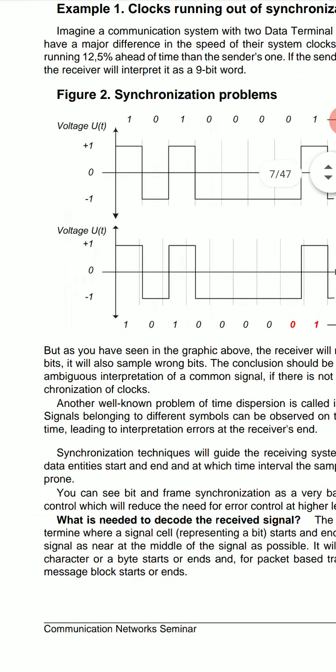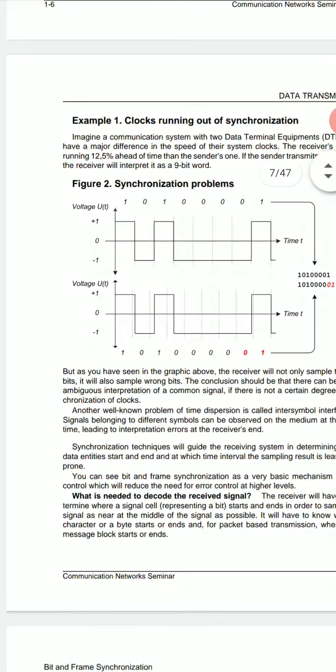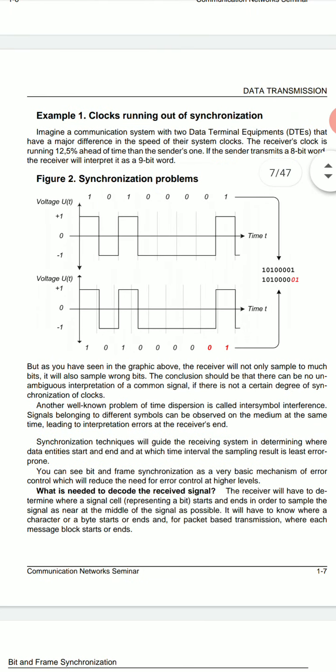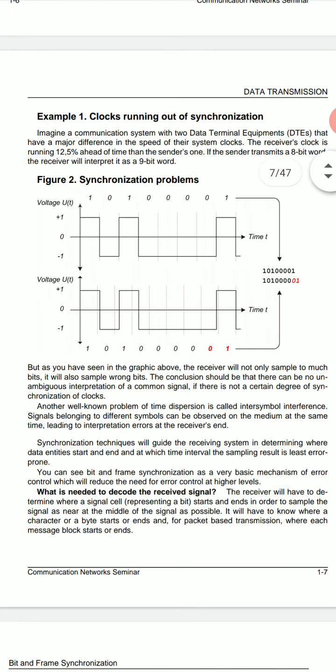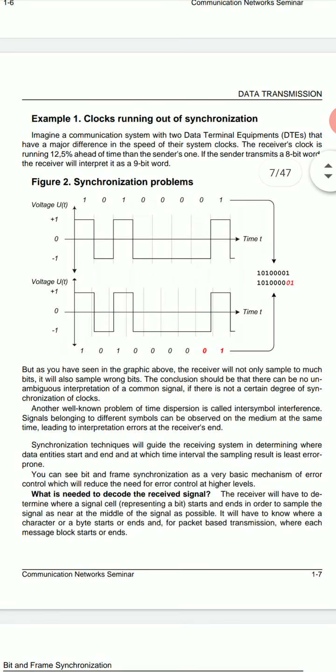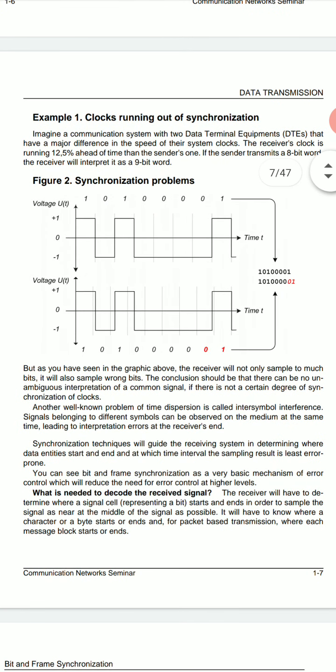When we are talking about the synchronization problem, if we are not doing the synchronization, as you can see in the graph, the receiver will not only sample too many bits, it will sample wrong bits, because its speed is higher as compared to the transmitter.